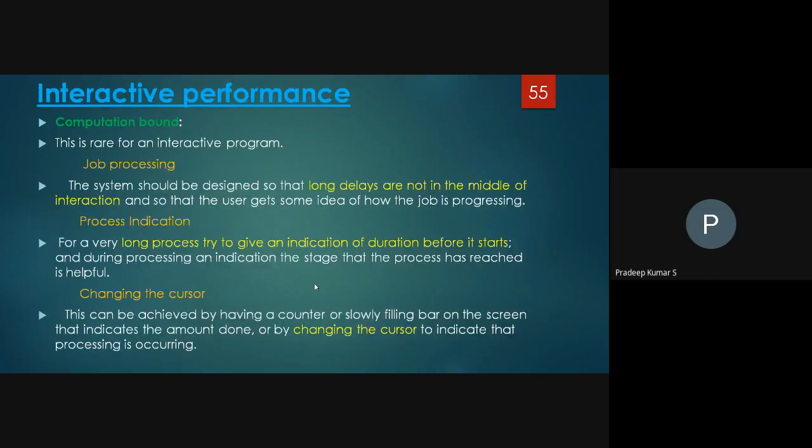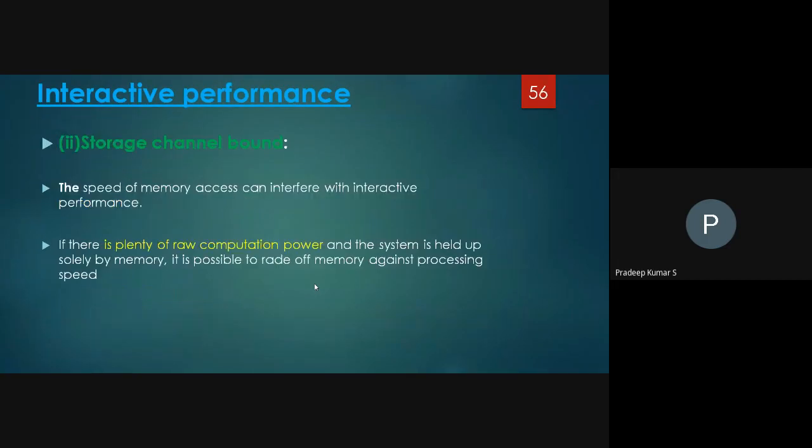Under the computation bound, remember the three important points, and automatically you can write them in your own words. I give this as a hierarchy in a beautiful structure in the PPT. Next is the storage bound. Here we note down the storage, and also the memory.